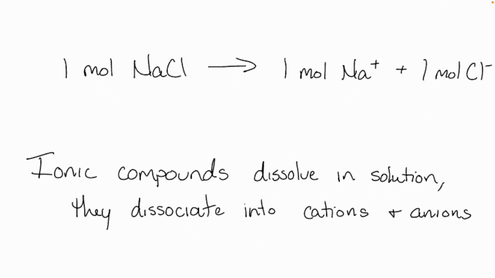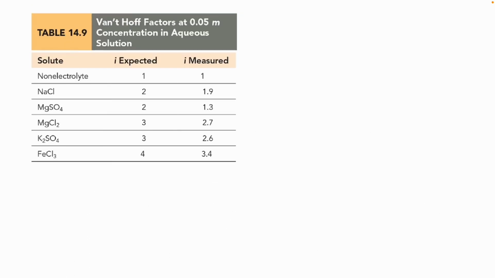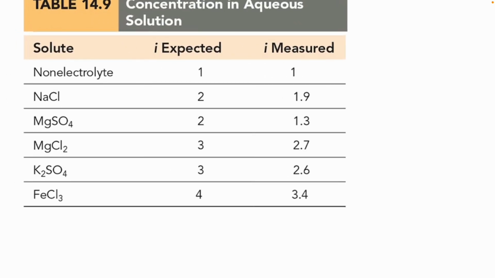So for sodium chloride, what would we expect our Van't Hoff factor to be? 2. It's just the number of particles that you get. They've done a lot of experiments, and you would expect it to be 2, but actually a better value would be closer to 1.9.